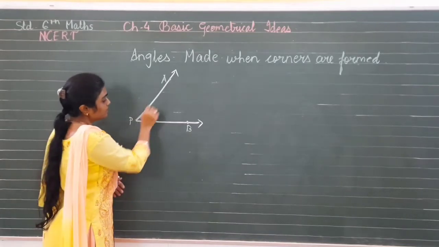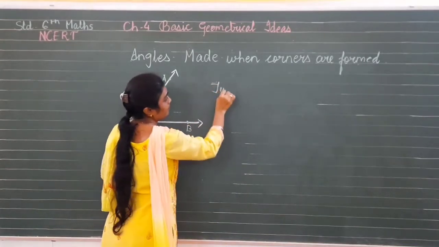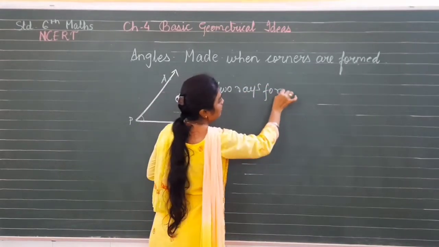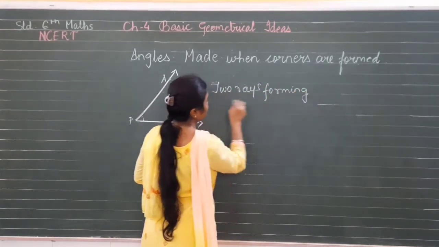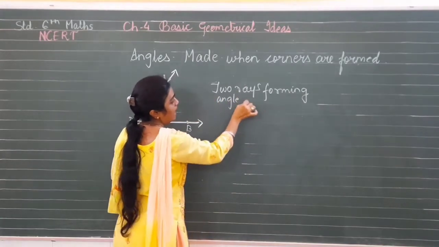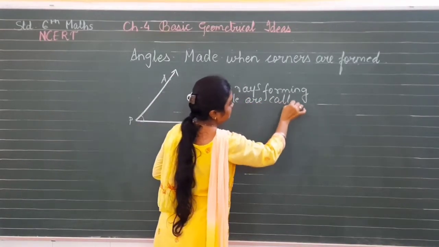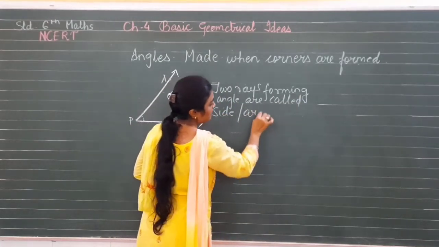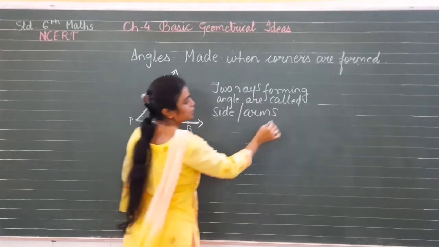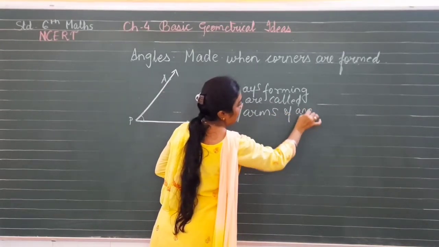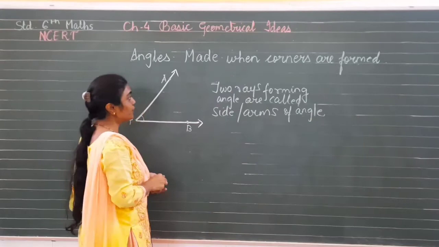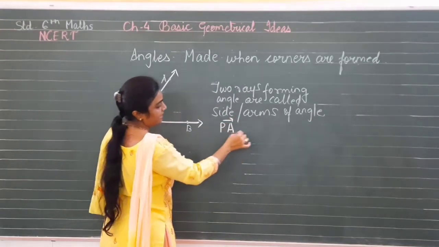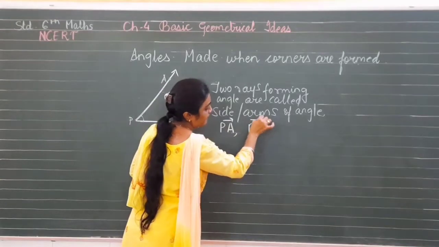So these two rays forming the angle are called sides or arms of the angle. The two rays are ray PA and ray PB.